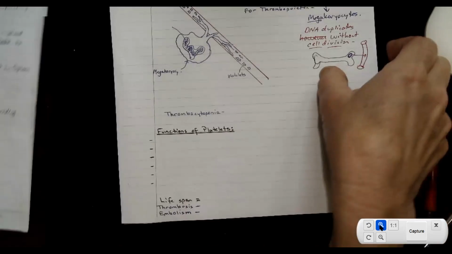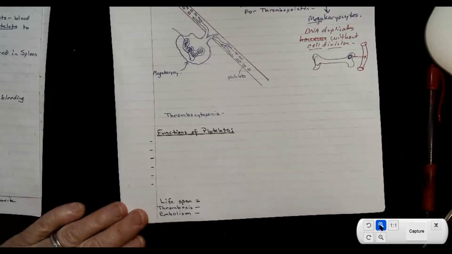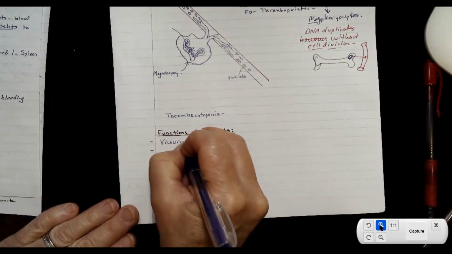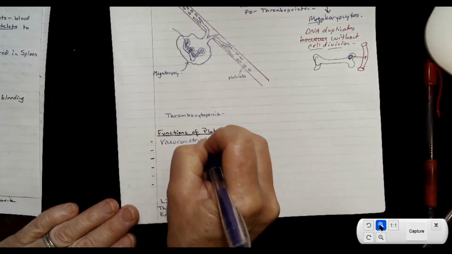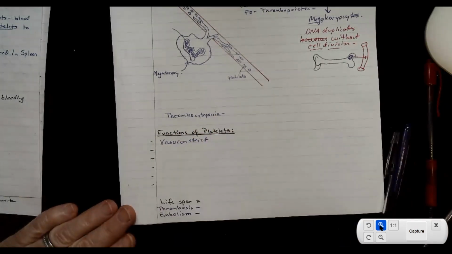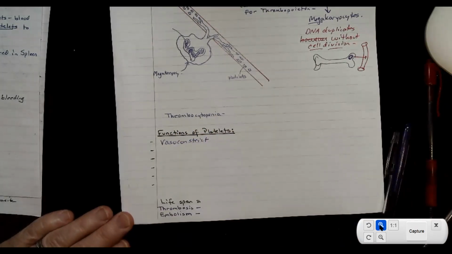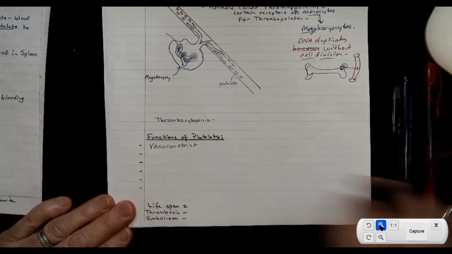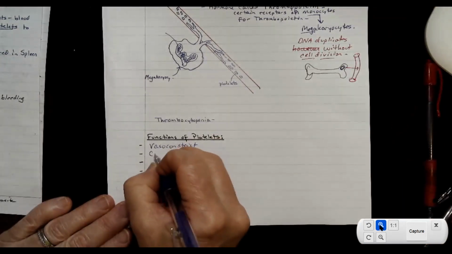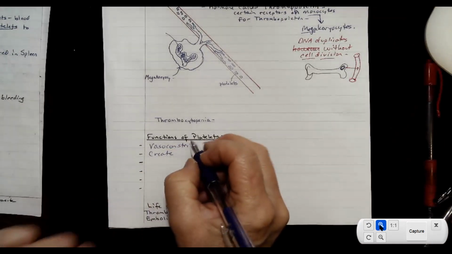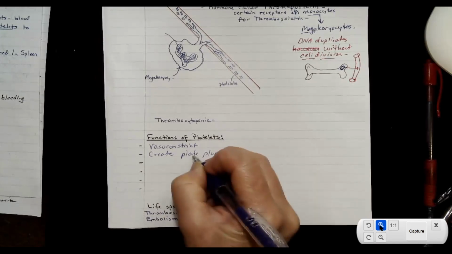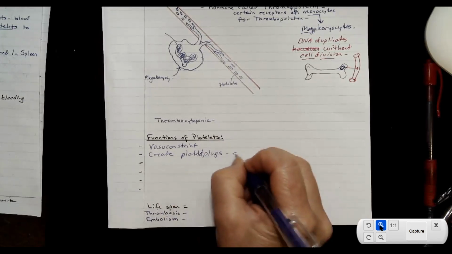Function of platelets. They cause vasoconstriction. That makes sense. You want to vasoconstrict the area to stop the blood from coming out. They create platelet plugs, which are sticky.